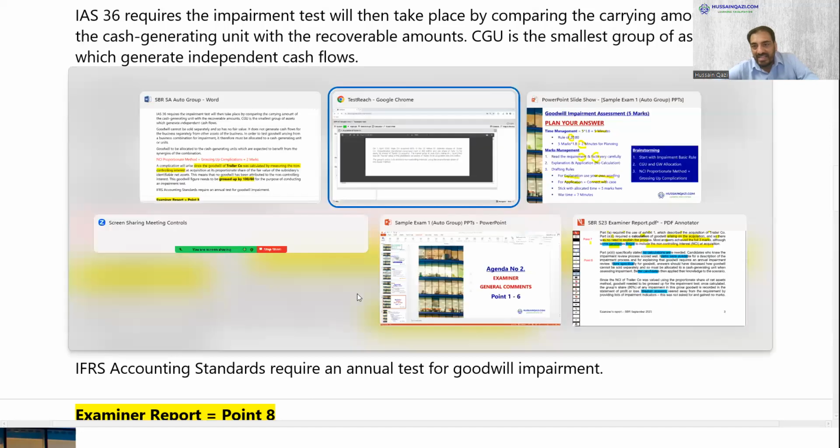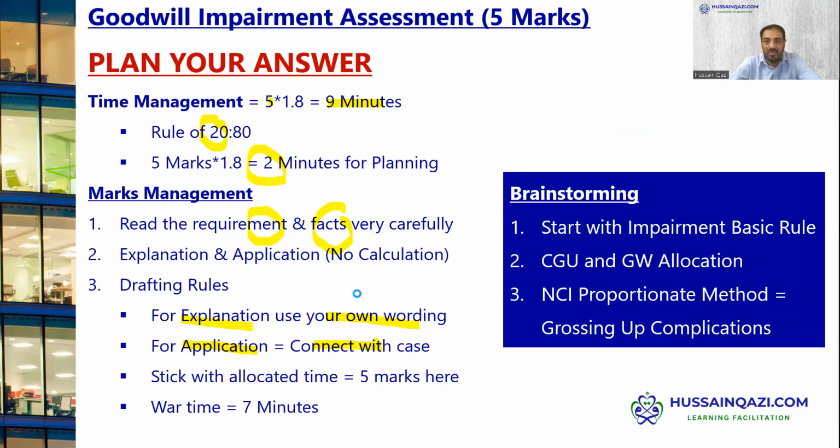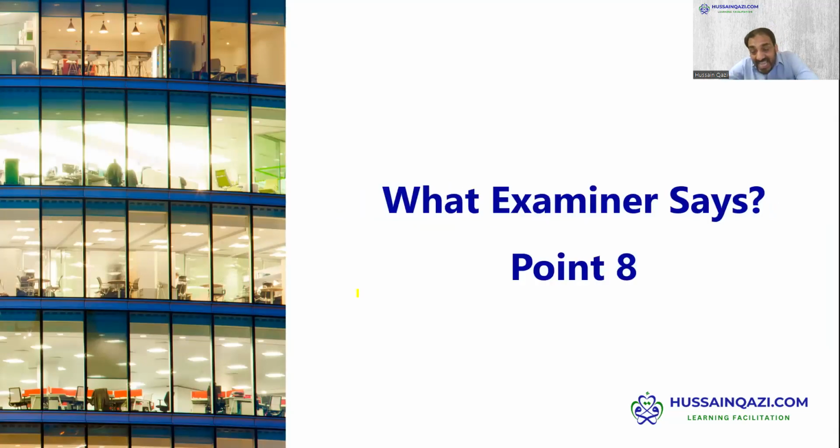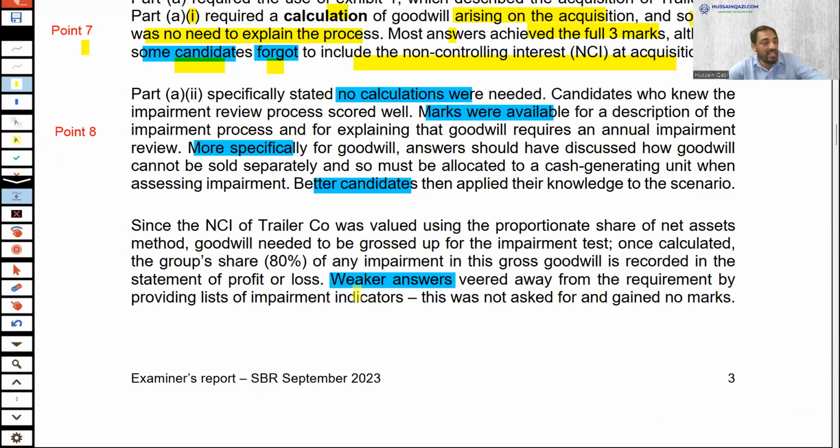Now, the final part of this video: we have done the suggested answer, now the examiner report. What does the examiner say, what complaints are made by the examiner here? These blue points are about complaints by the examiner. Part A2, number 1: no calculations were needed. Candidates who knew the impairment review process scored well.